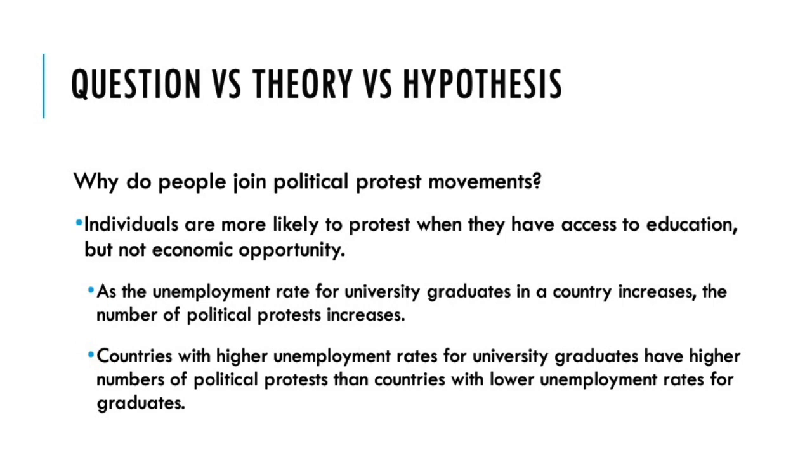A hypothesis is a way to test that theory. For example, as the unemployment rate for university graduates in a country increases, the number of political protests increases. This is not the only way to look at the relationship between education, economic opportunity, and protest, but it is more specific and defined. It's one you can actually test. And that's what we're going for here.